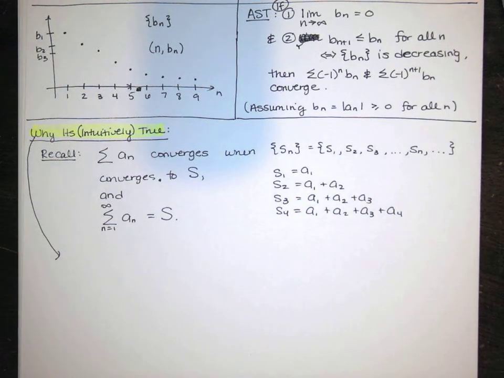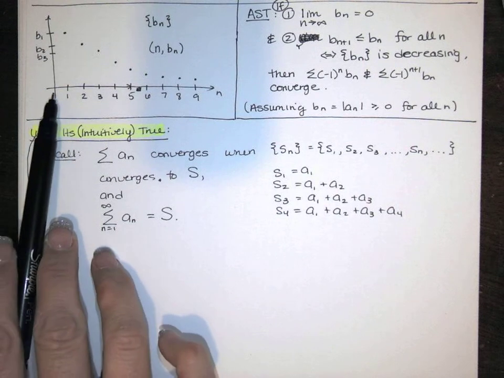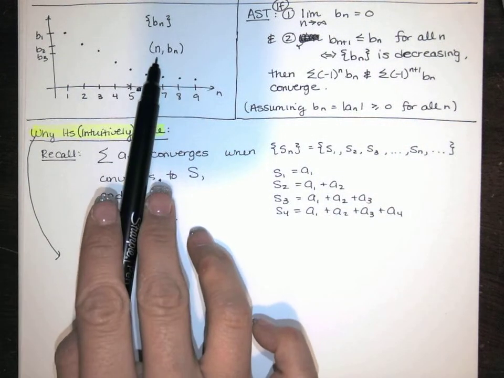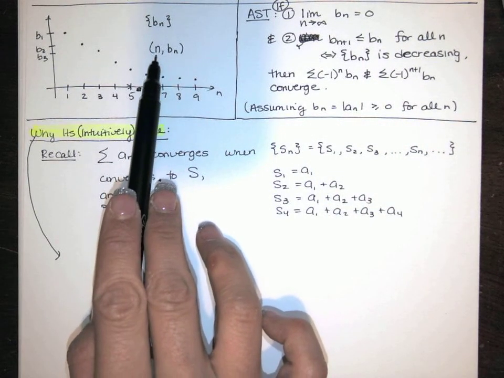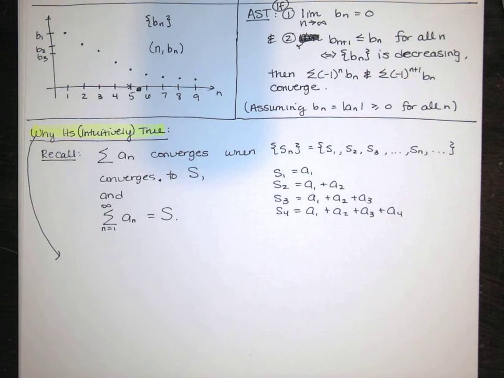But I'm going to graph it a little bit differently this time. Instead of graphing this set of ordered pairs, I'm just going to graph S sub n on a number line.